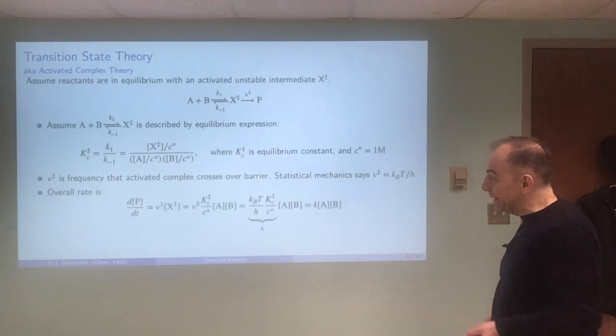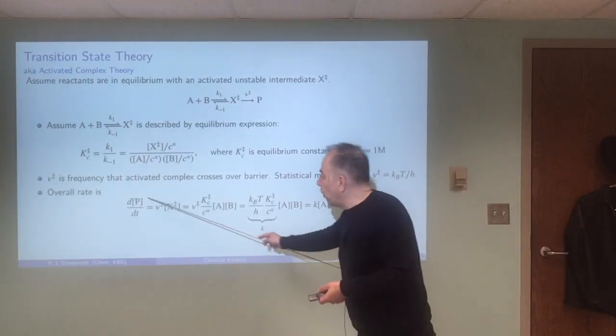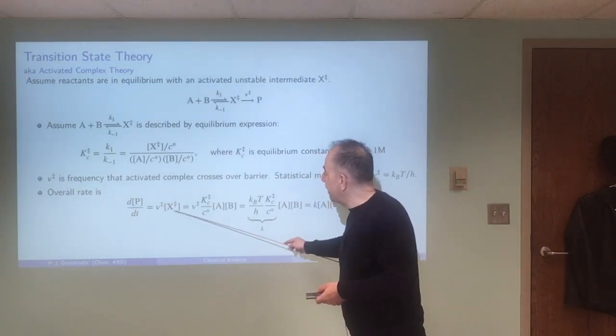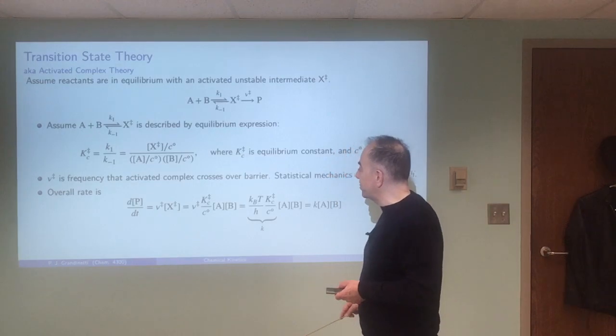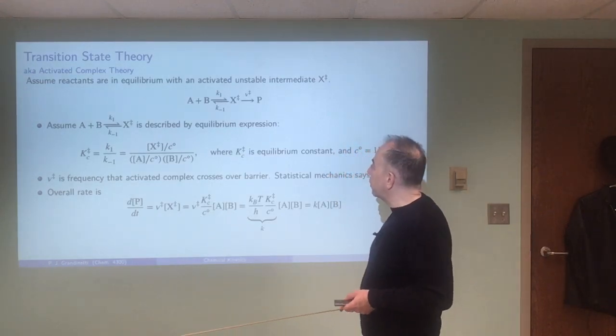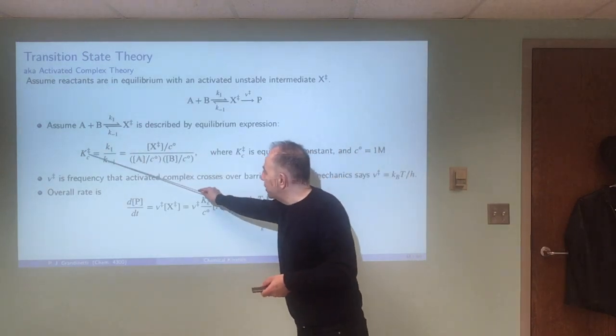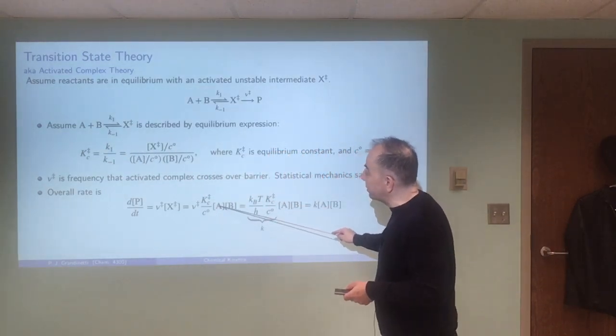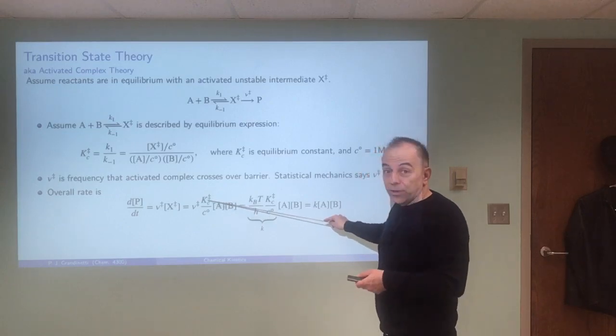So taking all that together, the rate of formation of the product is this nu times the concentration of the transition state. The concentration of the transition state we can get by rearranging this expression here to write it in terms of the concentration of A and B and this equilibrium constant.